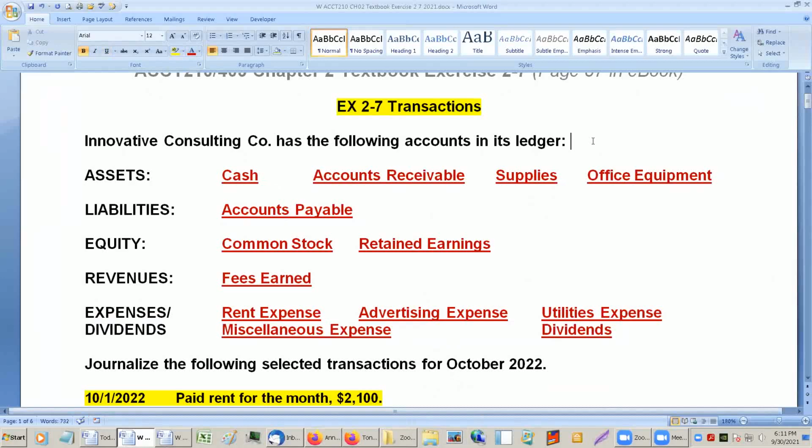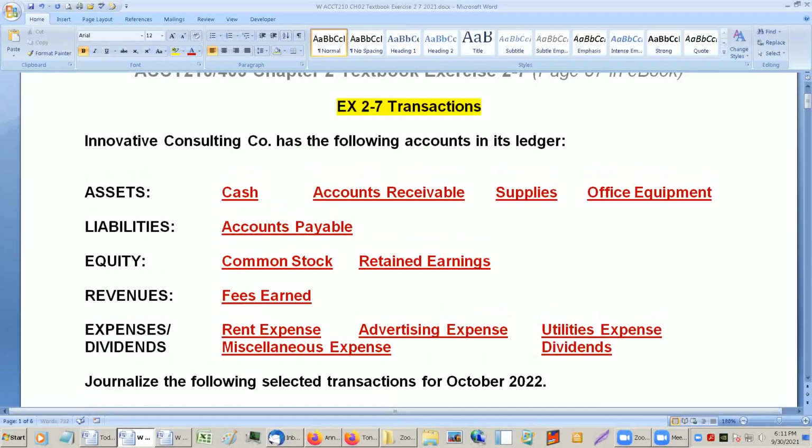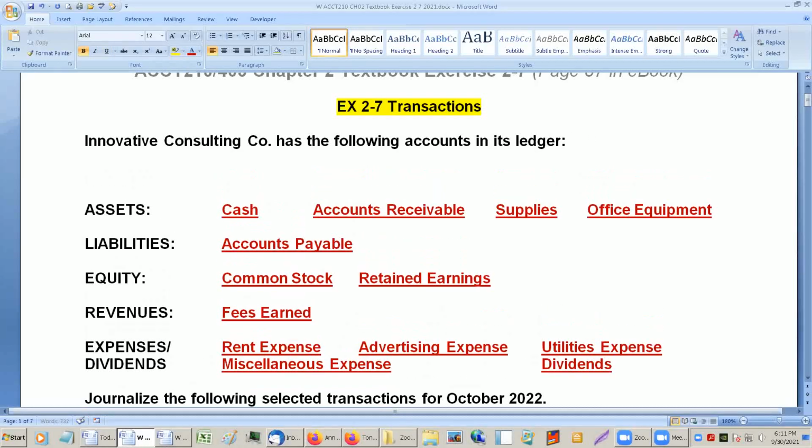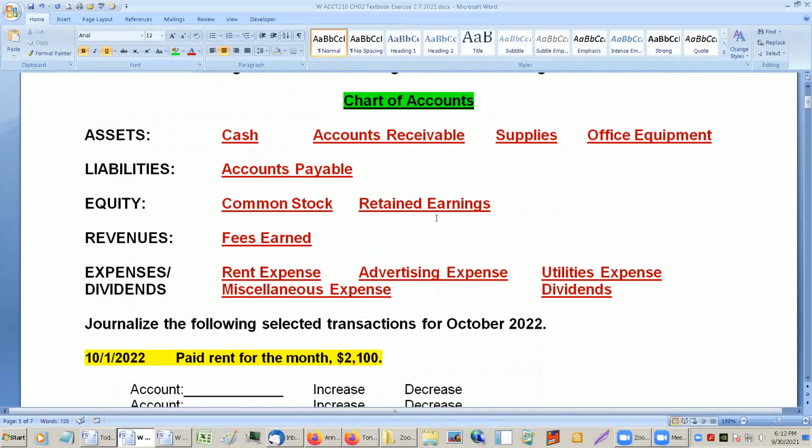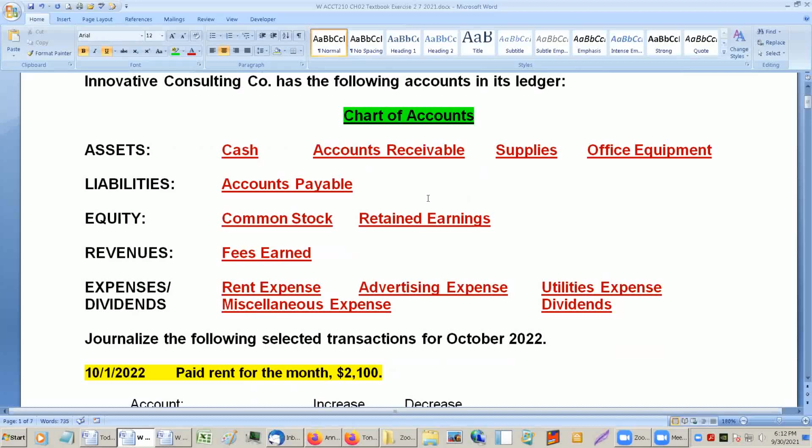And I'll go ahead and tell you what the accounting lingo for this is. In business, they call this the chart of accounts. And the chart of accounts are the accounts that you can use.